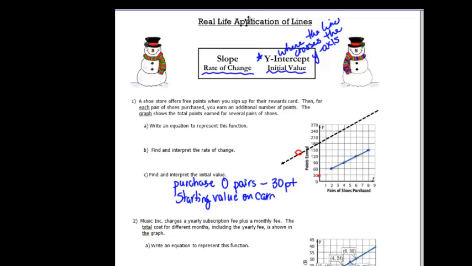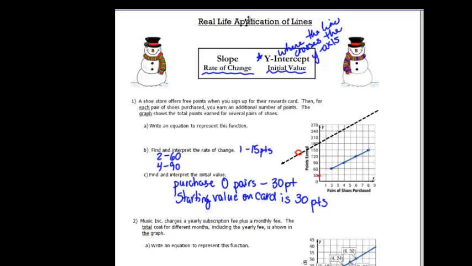So we're trying to relate this to a real life scenario. They're going to start you off with 30 points, and then you're going to get shoes as you go along. So what is the rate of change here? Well, if I have 2 pairs of shoes, I have 60 points. If I have 4 pairs of shoes, I have 90 points. What that's saying is for every 2 pairs of shoes, I get 30. So for every 1 pair of shoes, I should get 15 points.